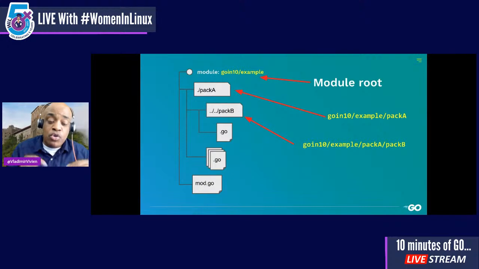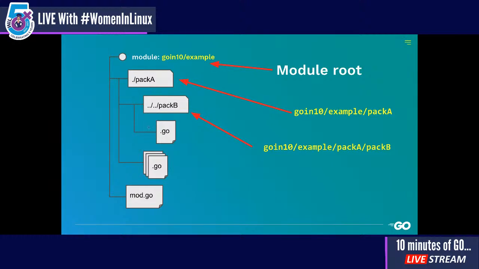Now you can reference, from within any Go code inside your project, your internal packages by prefixing your package with that module name. As you can see here, we have go_in10/example/packA for this package, or go_in10/example/packA/packB for this package, because packB is inside packA, and so forth. And then of course you have your mod file.